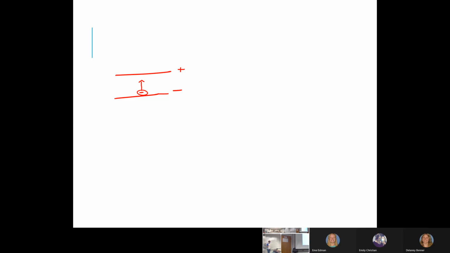I see people nodding. I don't think I have to convince you on this. So here's an issue though. Say, for example, I don't know what's between my capacitor plates. Say that I don't know if I actually have an electron.